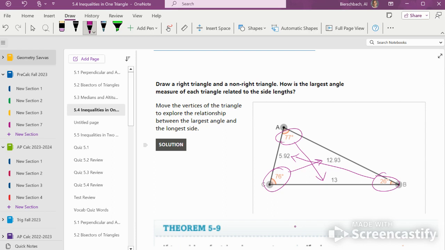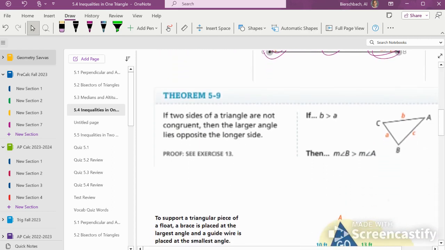Yep. The biggest angle is opposite the longest side. The medium angle is opposite the medium length side. And the smallest angle is opposite the shortest side. Okay, so that is this. If two sides of a triangle are not congruent, the larger angle is opposite the longer side. The bigger the angle, the longer the side. The smaller the angle, the smaller the side.